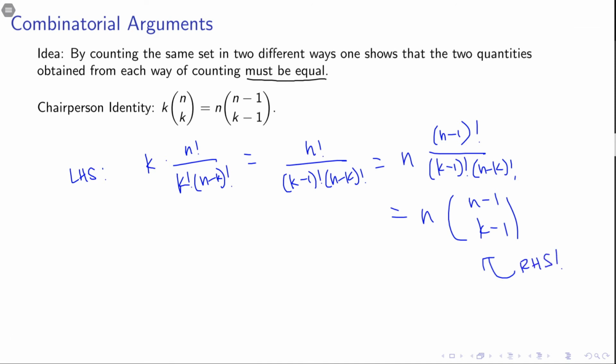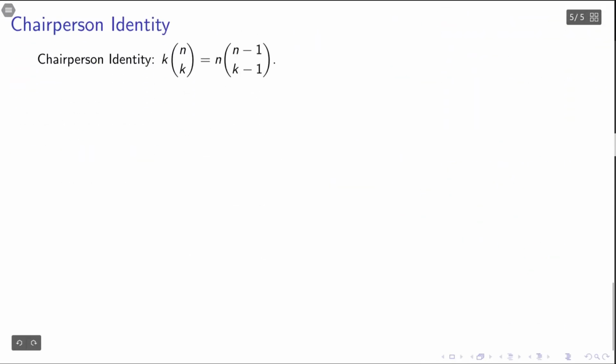Now let's try proving it using a combinatorial argument that will show us why this is called the Chairperson Identity. Okay, so imagine this. Suppose that you had N people. Let's just call them 1 to N. And you want to do the following.